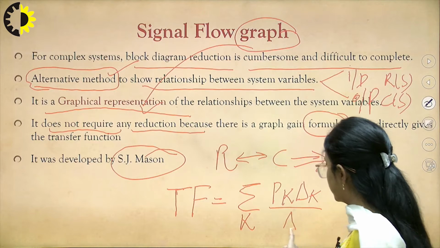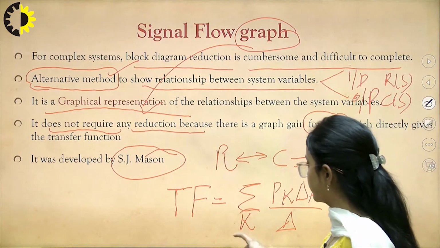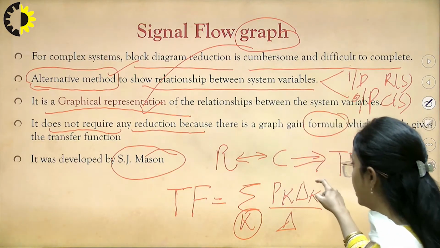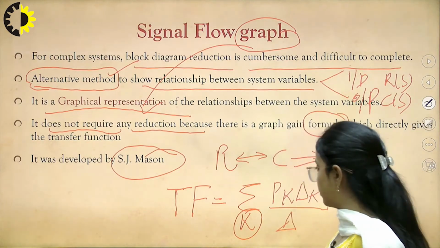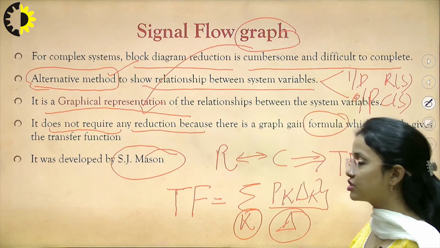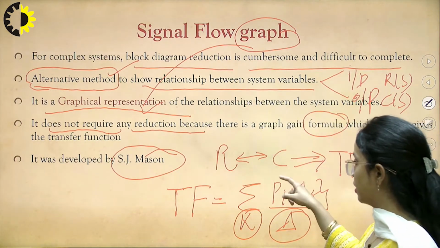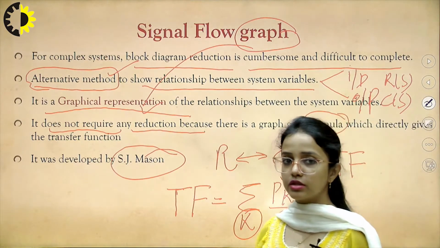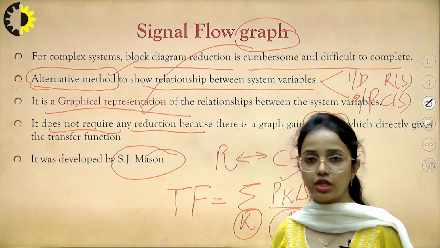So here we see that for a corresponding signal flow graph, we will be having some k value. Depending upon the k value, we will be having the k number of terms in the numerator, and then we will be having another variable which is Delta. So all we need to do is find out what is Pk, Delta k and Delta, and substitute this in this formula which is called Mason's gain formula and achieve the transfer function.